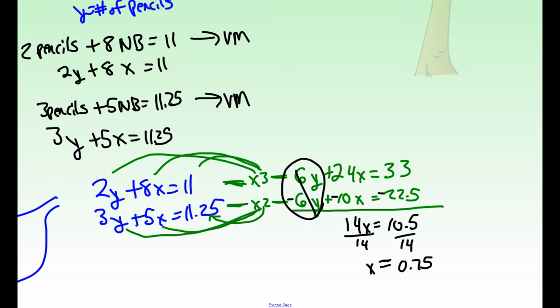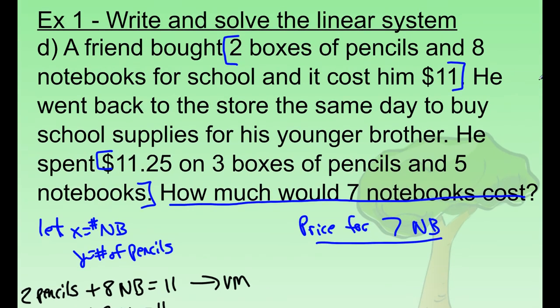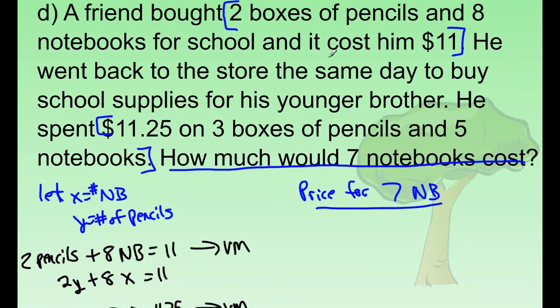That doesn't seem to make sense. So let me check back up here. This is a mistake that you might run into as well, and I actually do know what the mistake is here. I said x is the number of notebooks, but it's not really the number of notebooks. I know how many notebooks he bought. He bought 8 notebooks here, and he bought 5 notebooks down there. So this is not the number of notebooks.